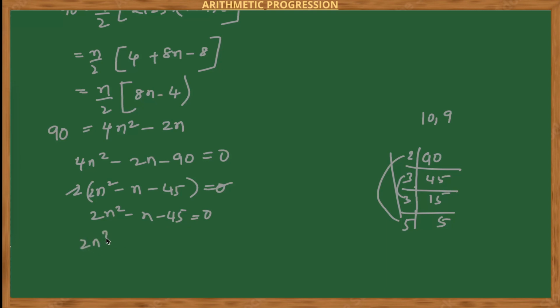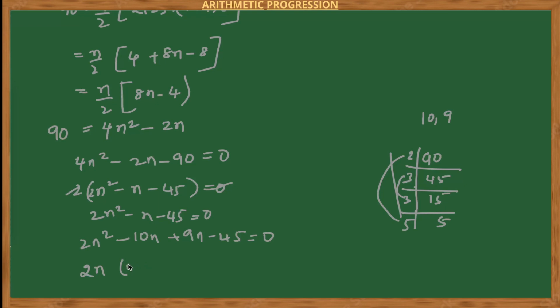2n squared minus 10n plus 9n minus 45 is equal to 0. Okay, so let's take 2n common.